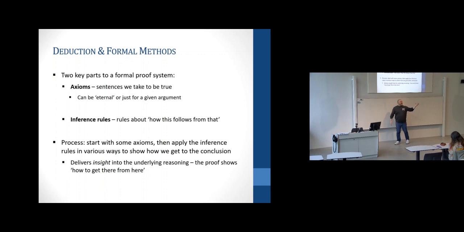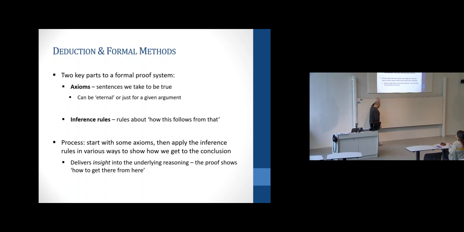Axioms are one thing. The other pillar is our inference rules. And these are literally rules about how you can infer. Rules about how you can go from this to that. And the process for a formal proof is we start with some axioms, and we apply inference rules to let us derive dependent sentences, dependent steps, and we keep doing that until we end up at the conclusion.